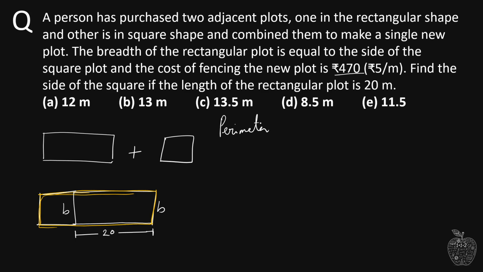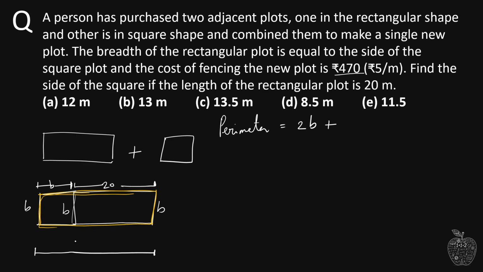Now what is perimeter? Perimeter is the sum of the lengths of all the sides of this plot. So now we know that this is B, and this is parallel to B, so this will be B as well. So we have two B's, so the perimeter will be 2B plus, now this thing is B, and this entire thing here is 20. So how much will this entire thing be?